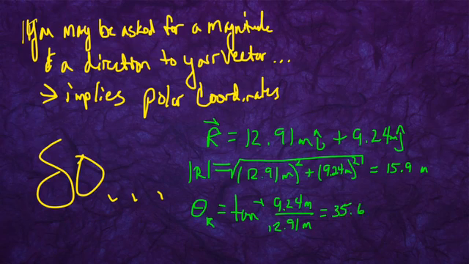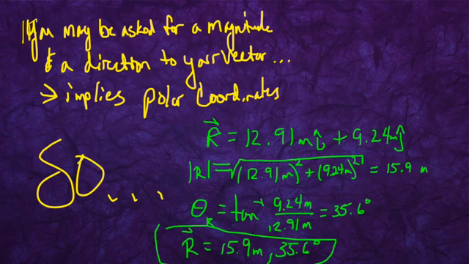And we plug that into our calculator, and we'll get 35.6 to be our degree measure. So our magnitude and direction is 15.9 meters at an angle of 35.6 degrees from the horizontal. And that's it.